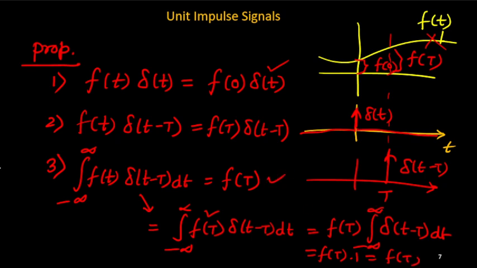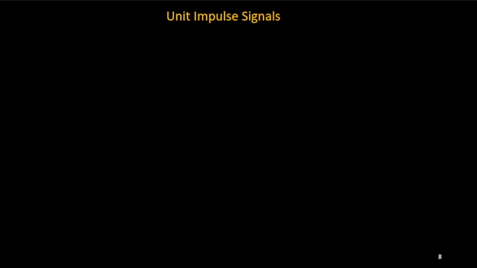Okay. Then the next property, the fourth one. If I consider this kind of thing, del of minus t, suppose I put a minus sign, is it meaningful? This will exist at t equal to 0 only.